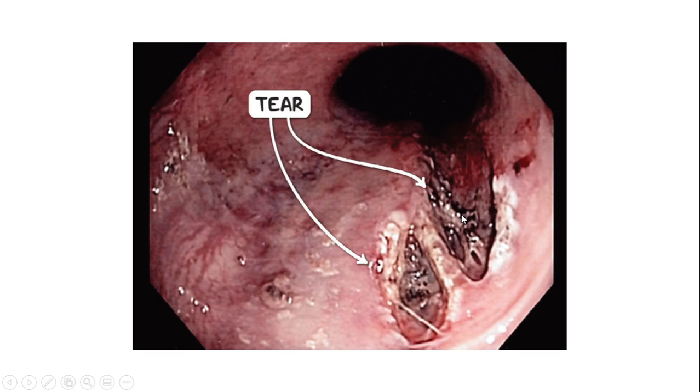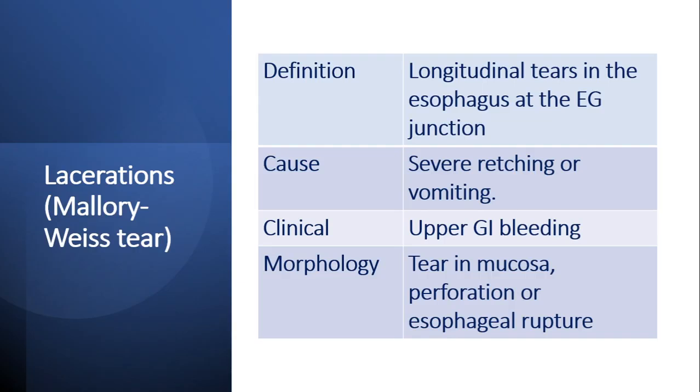The main cause is severe vigorous vomiting, resulting in upper gastrointestinal bleeding, that is hematemesis and maybe melena, and heartburn.